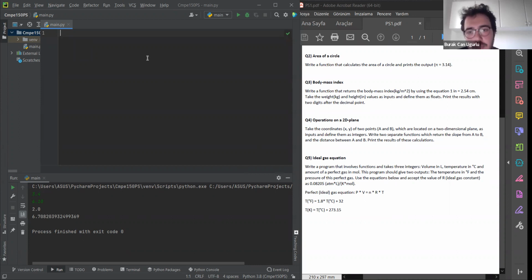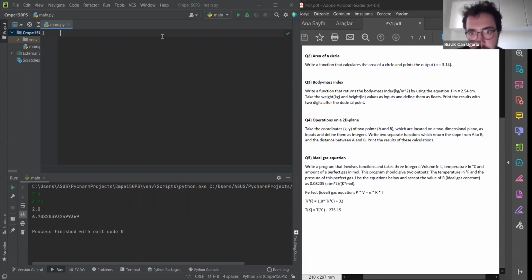I should remind you that we will use the pressure in ATM, the atmospheric pressure, and the volume in liters, as we have the ideal gas constant here in ATM liters per Kelvin times mole. So I have written this Kelvin equation also for the conversion of Celsius degree to Kelvin, because we will use it in the ideal gas equation, and we will write a function about it.